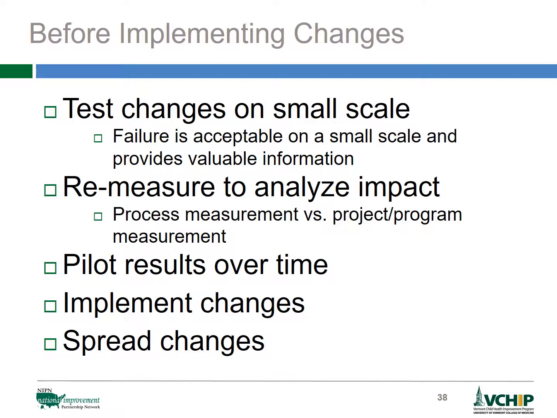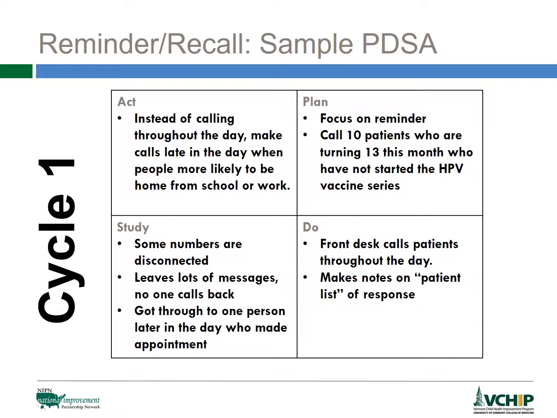At each of those stages, you want to continue to measure to see the impact, because it's going to be different for 1 patient and 1 day, 1 provider, 1 patient, than it is for 2 providers and 10 patients. You want to pilot those results over time under different environments, so maybe during busy times of the day, during quiet times of the day, different provider teams, etc., before you decide you're going to implement those changes and spread them more broadly.